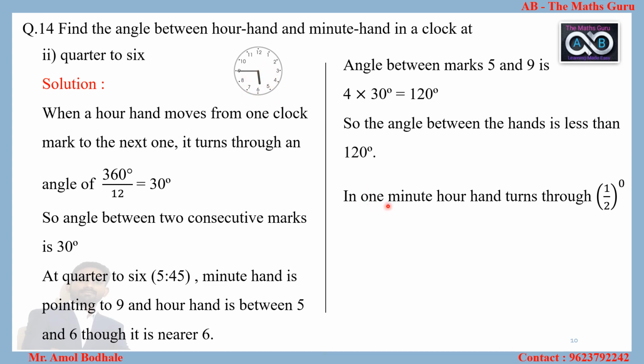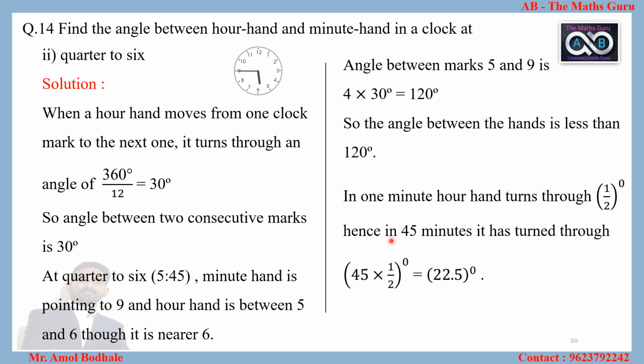That means in 1 minute the hour hand turns through half a degree. So in 45 minutes it has turned through 45 into 1 by 2 degrees, which is 22.5 degrees.